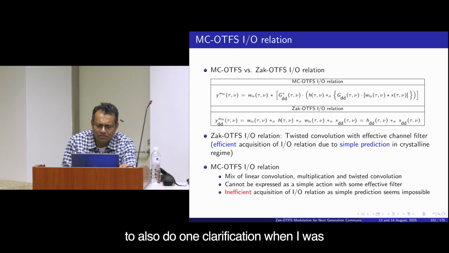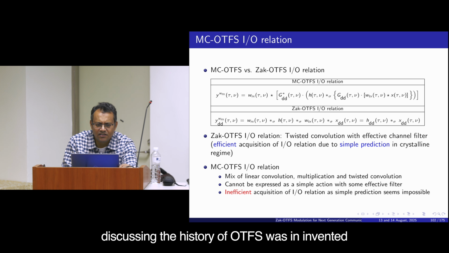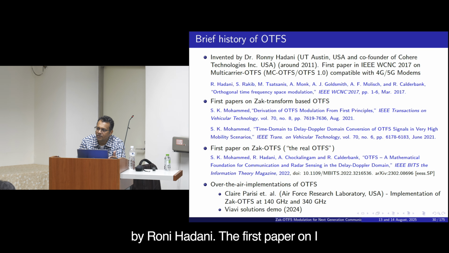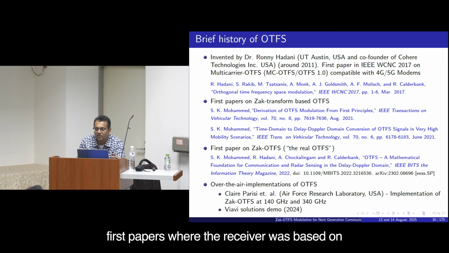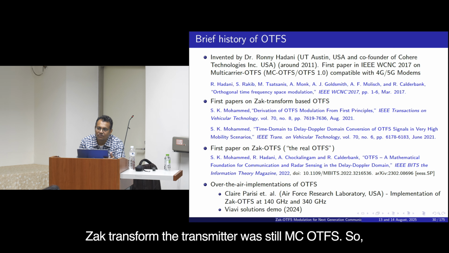And I wanted to also do one clarification. When I was discussing the history, OTFS was invented by Ronnie Hadani. I showed you these two papers of mine from 2021. The novelty of these papers was that these were the first papers where the receiver was based on the ZAAC transform.